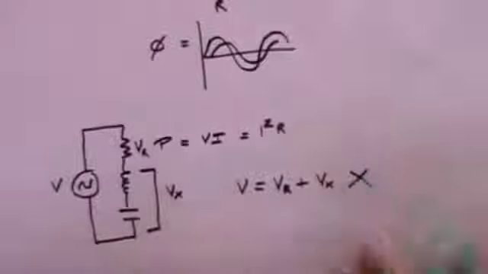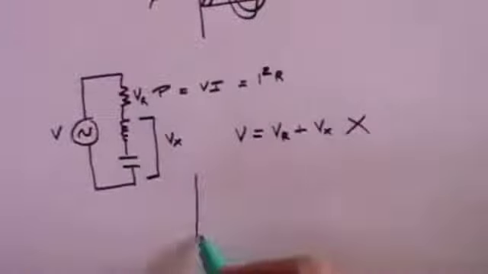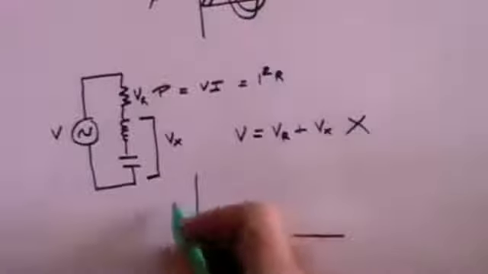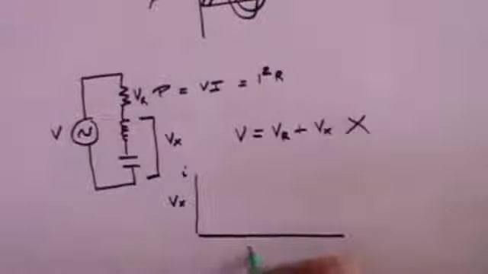And again, you would be wrong, because you would have forgotten the fact that we've got phasor diagrams to deal with. So once again, we have to draw our phasor diagram. We will have Vx along the imaginary axis and VR along the real axis.